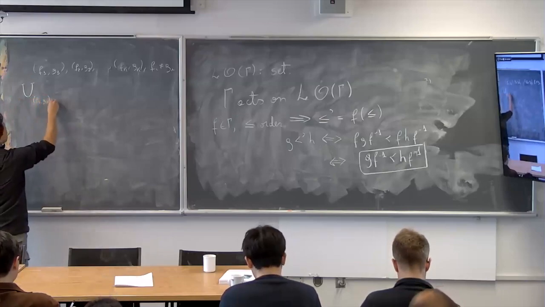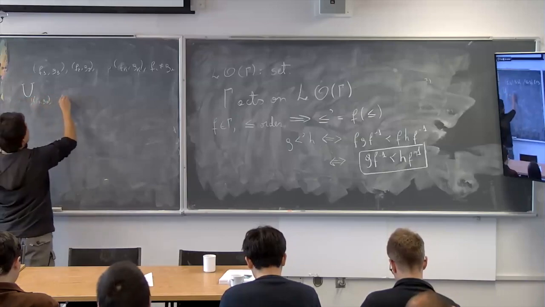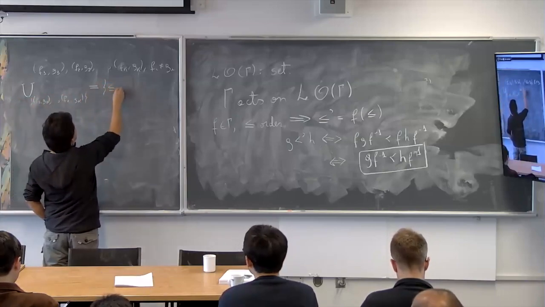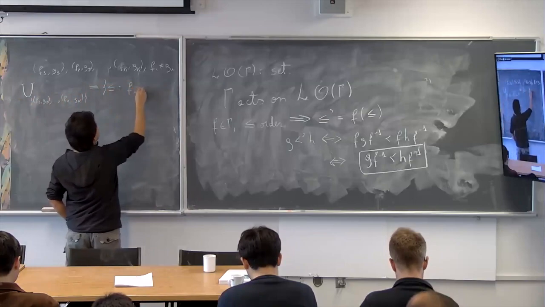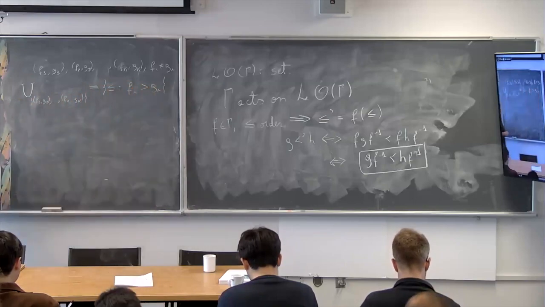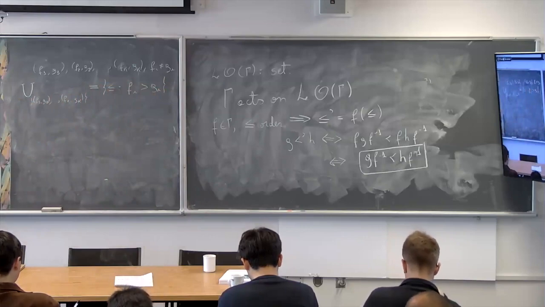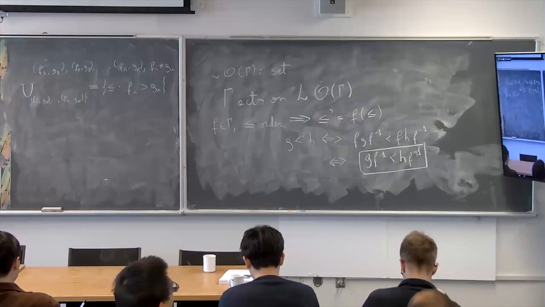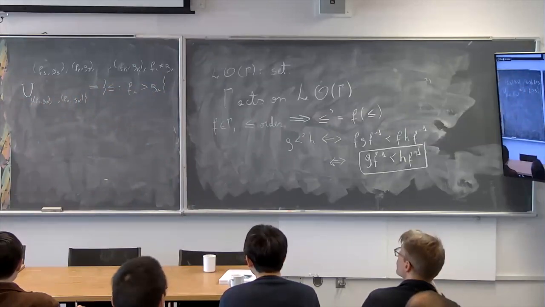The set of orders for which, say, Fi is larger than Gi. All the orders that make Fi larger than Gi. So this is a set, and you can check that this is a basis for a topology.